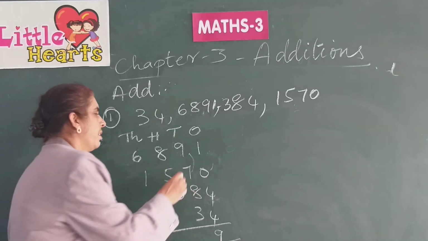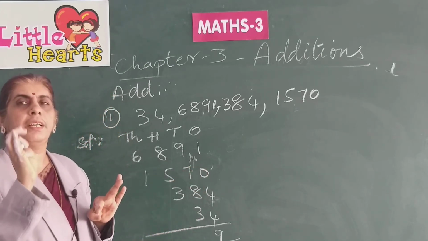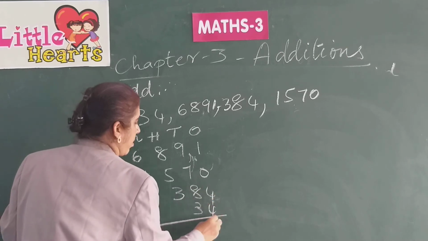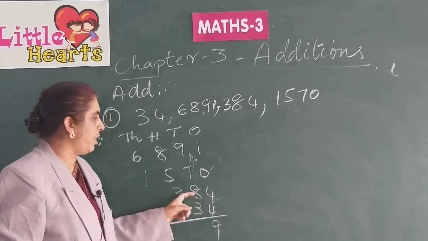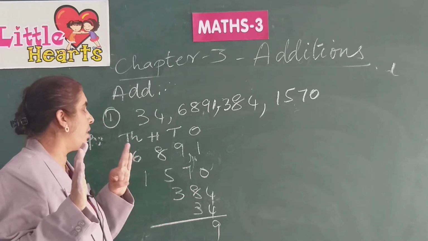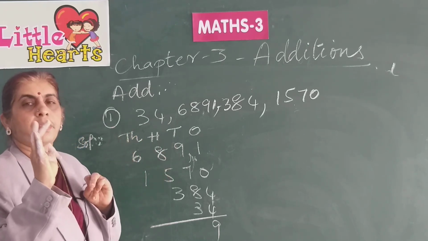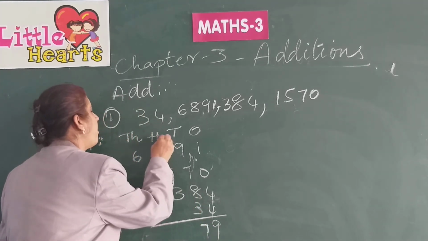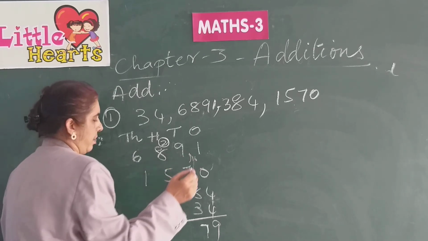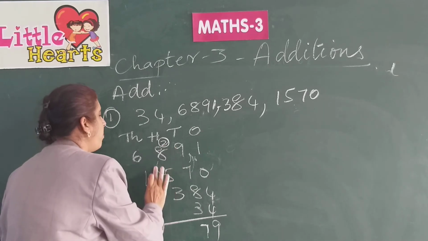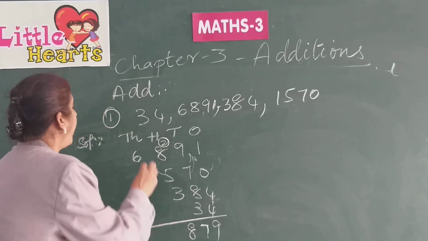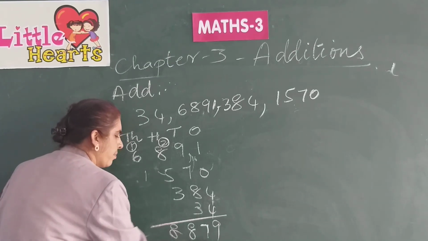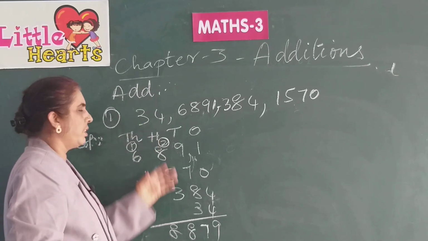And for this add this 8. 16 plus 8, 17, 18, 19, 20, 21, 22, 23, 24. 24 plus 3 is 27. 7 in the tens, carry 2 to the hundreds. 8 plus 5, 13. 13 plus 3, 16. 16 plus this carry over 2 is 18. 8 in the hundreds and carry 1 to the thousands. 6 plus 1, 7. 7 plus 1, 8. 8,879 is the sum of these three numbers.